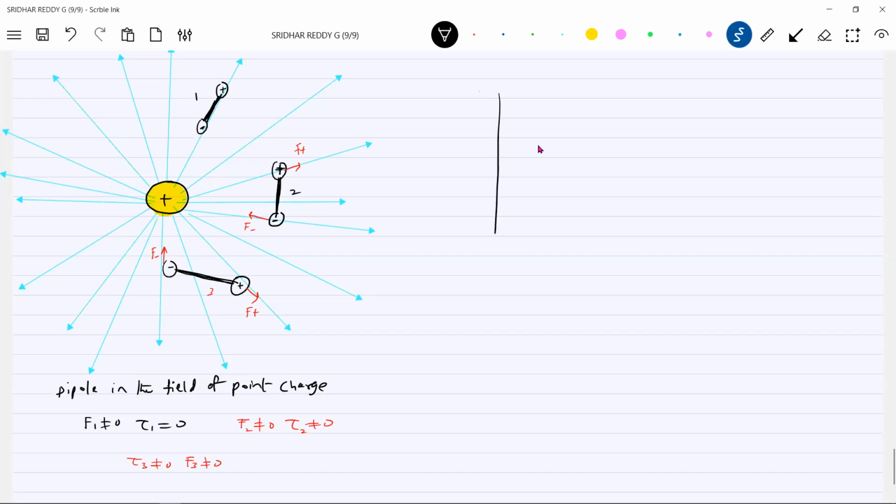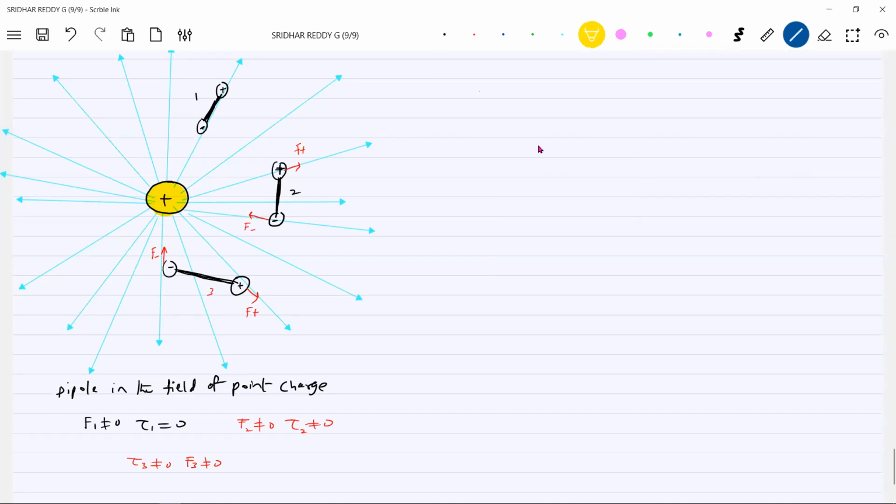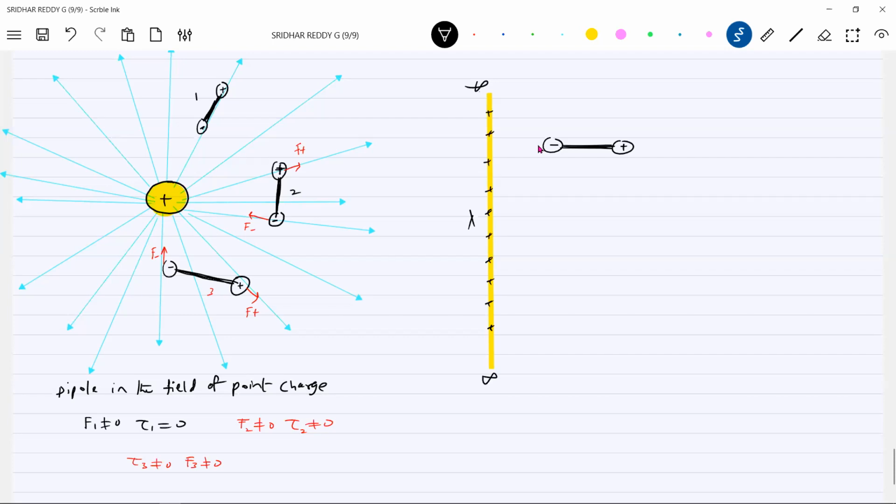The field produced by the line charge. This is a long line charge. Now the first dipole, I'll keep it in this way. Another dipole, the orientation will be like this.